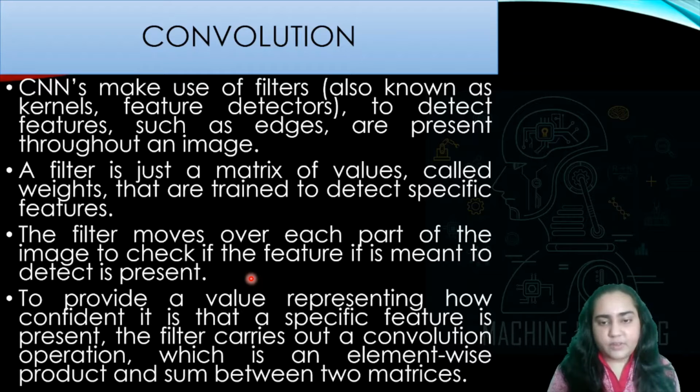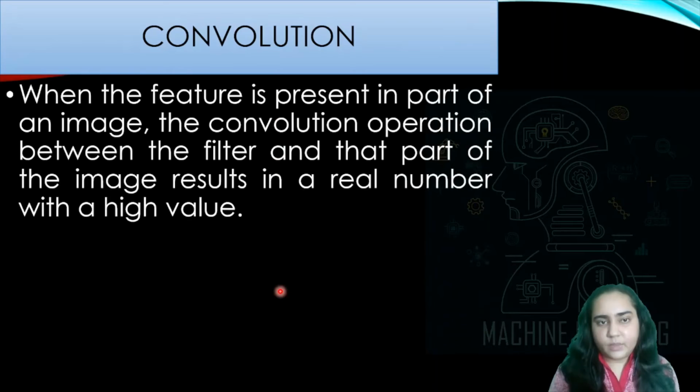And to provide a value representing how confident it is that a specific feature is present, the filter carries out a convolution operation, which is an element-wise product and sum between two matrices. Okay. You'll understand this better with an example, which we will see in a minute.